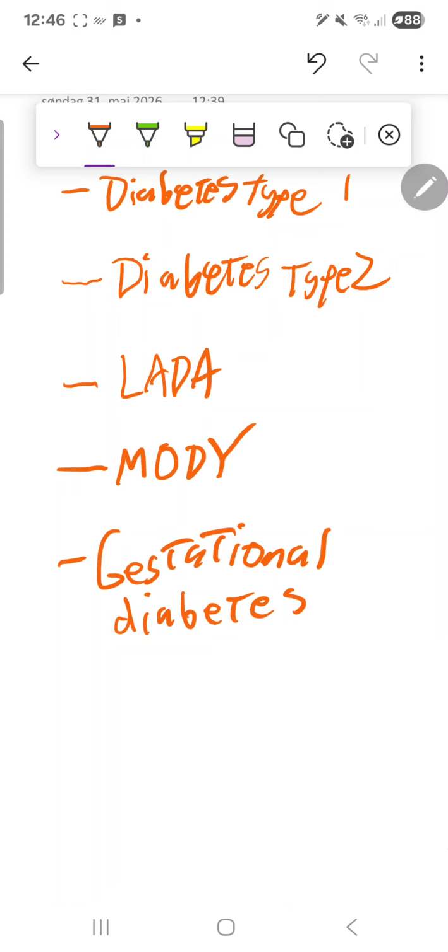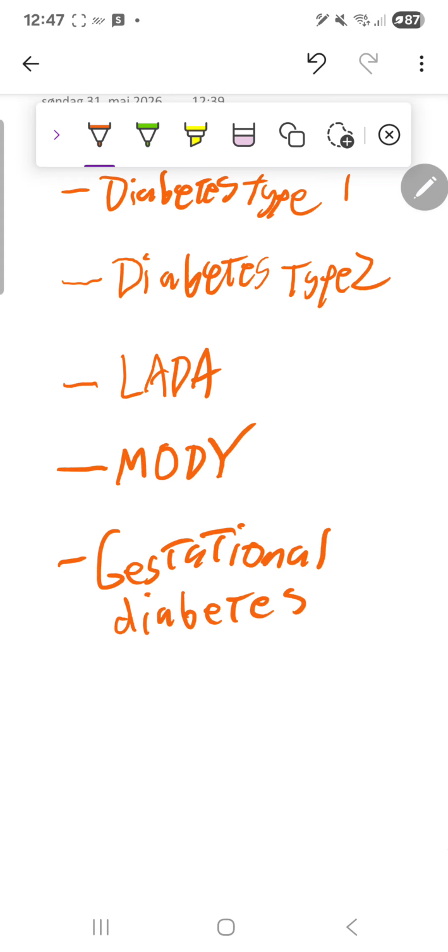And the way this is tested for, they do a glucose test where the mom drinks a drink containing a lot of glucose, and then they wait 2 hours, and then they take a blood draw and they look at the blood glucose level again.